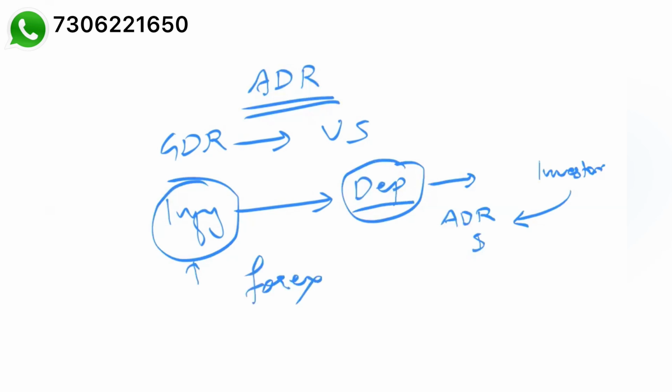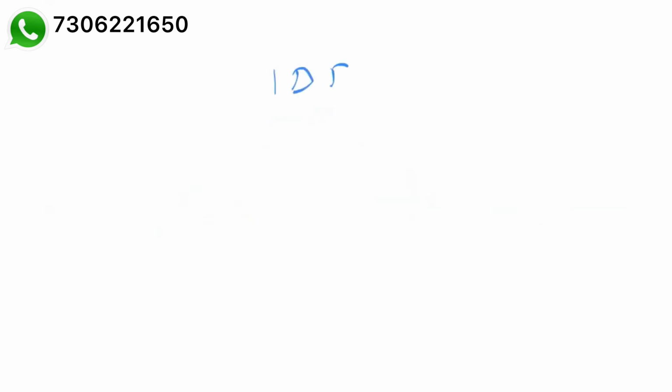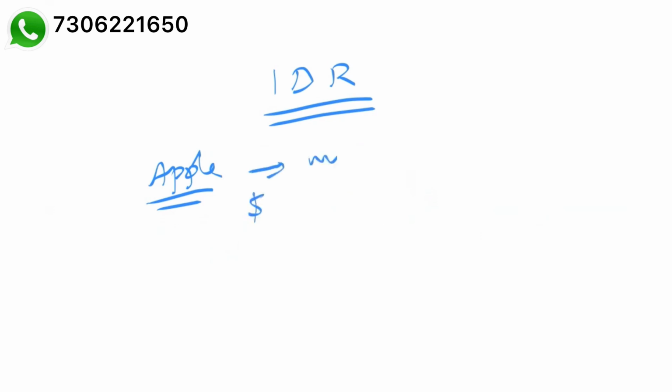Similarly, IDR is also there, Indian Depository Receipt. It is the reverse. Take any foreign company, let's say Apple. If Apple wants to list in India, it has to approach a depository bank in India, here a merchant bank. Its share is in dollars, so the merchant bank will make it into IDR, that means in rupees, so Indian investors can buy this.